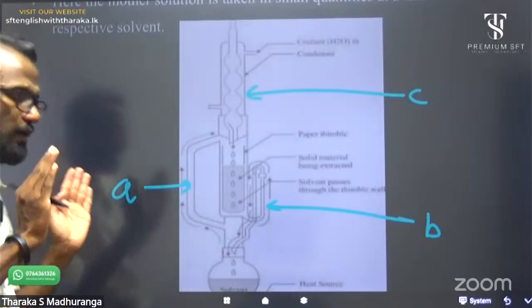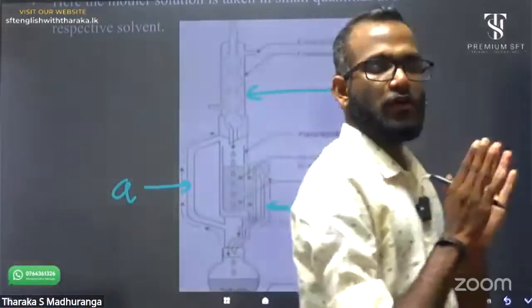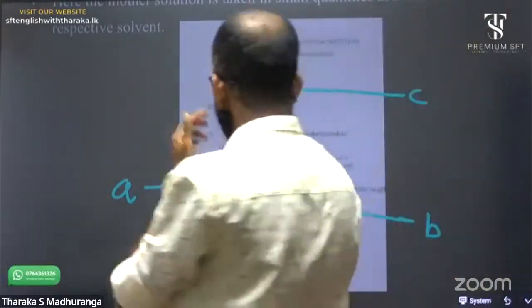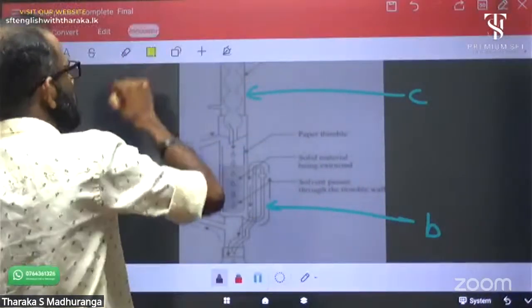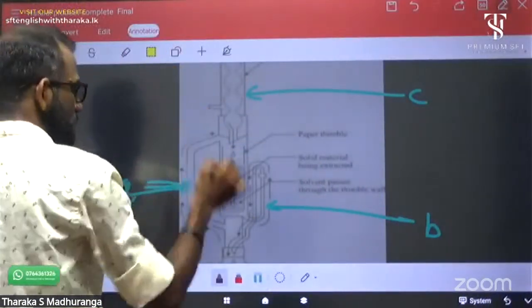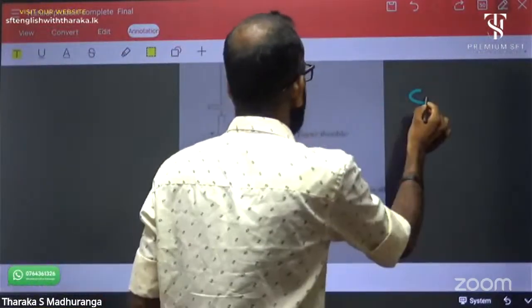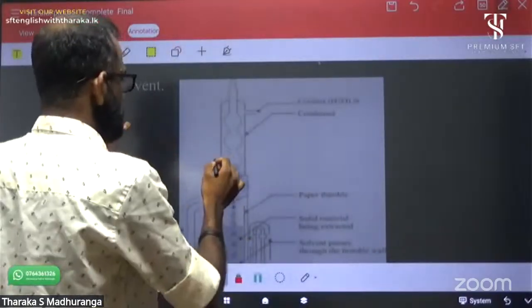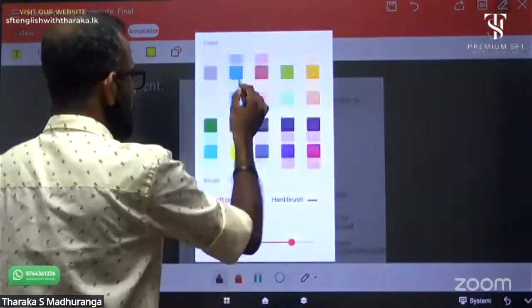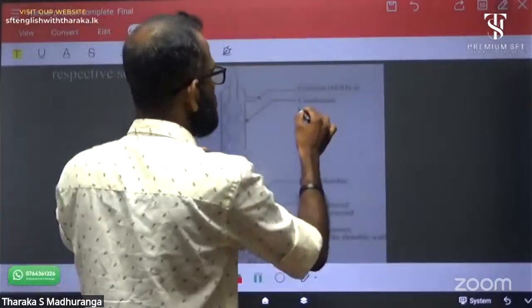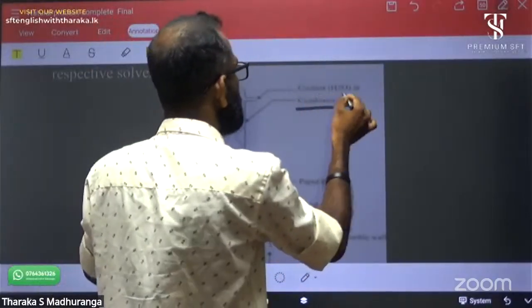Okay, now clearly understand what the process of Soxhlet extraction is. Okay, this is a condenser and this is coolant out.